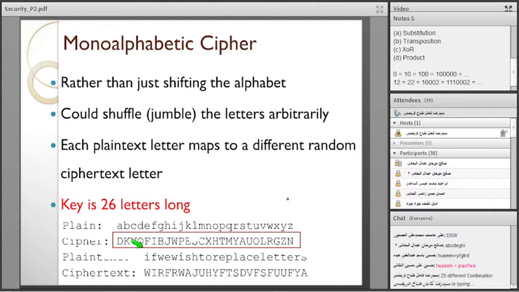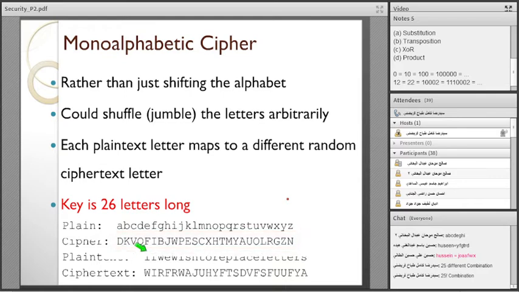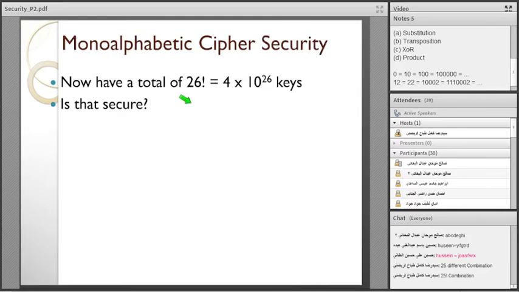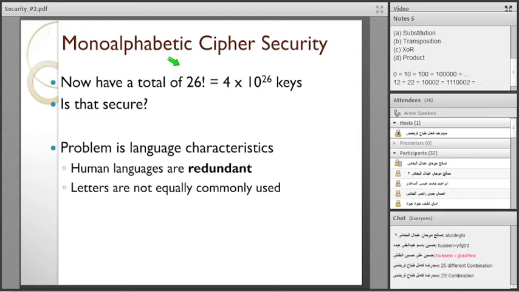Using this method you have 25 factorial combinations, so it's bigger than the previous one, so it's good. You see, 25 or 26 is not important. 26 factorial is a big number compared to the previous one.